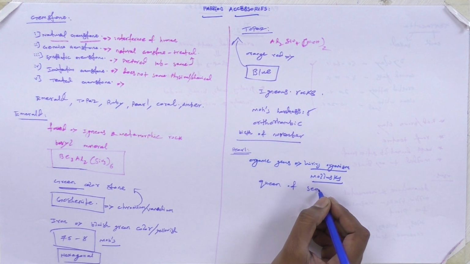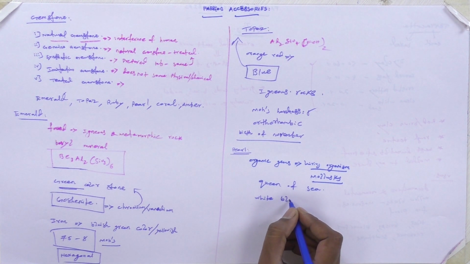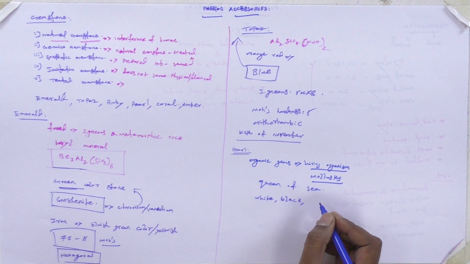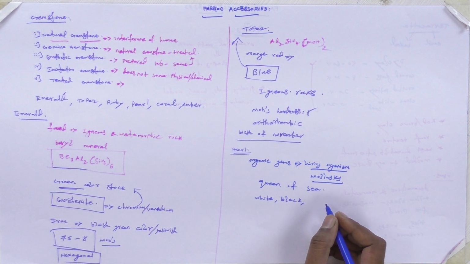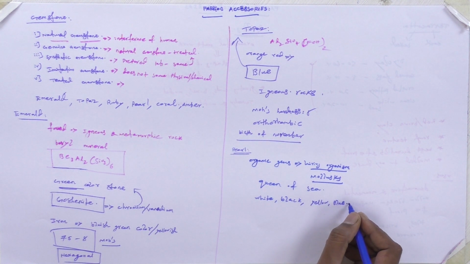It is available in white, black, a tinge of yellow, blue, and a lot of colors, but white pearl is more precious, and round in shape. Many square pearls are available, but they are not as precious.